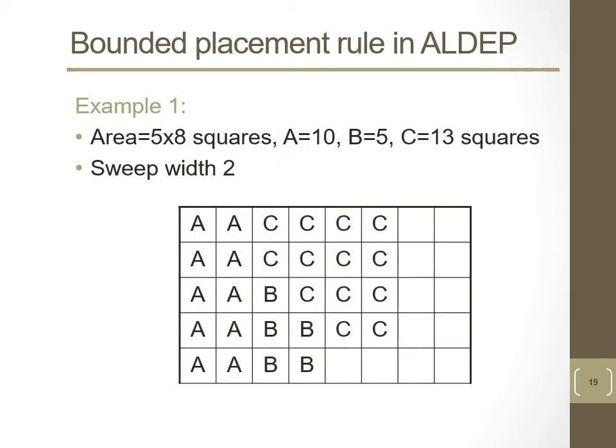And this is the final layout that we find if we make this allocation with a sweep width of 2. Department A has a good shape. It's rectangular. Length to width dimension can be a little bit narrower or larger, but still it's rectangular. But for B, we have an L shape like this.